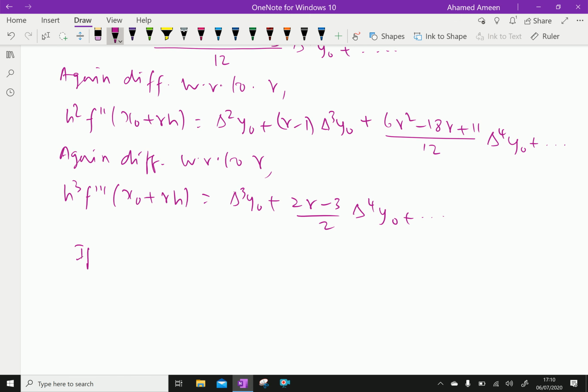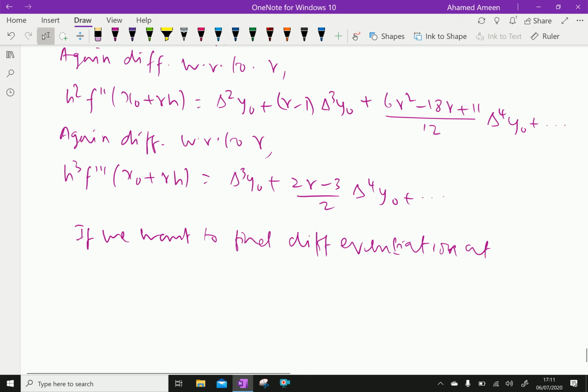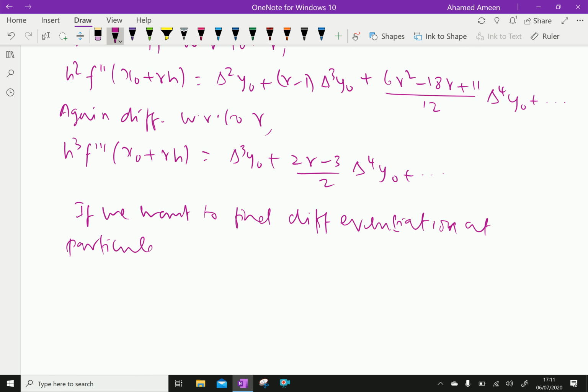Then if we want to find the differentiation at a particular point, say x equal to x0, then x0 plus rh becomes x0 only, because at a particular point we need not take the complete x0 plus rh.